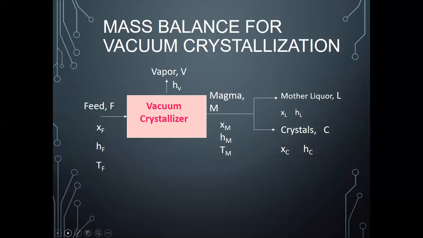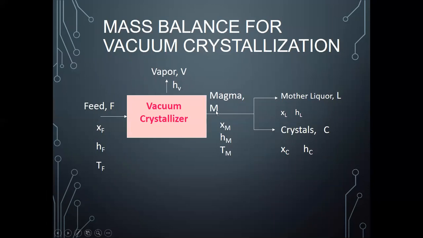Okay, we go to sample problem number 2. Now, before we go to sample problem number 2, we need first to understand the different variables representing the properties of our streams in our vacuum crystallizer. So for the feed, we have F, and for its mass fraction, we have XF, HF for its enthalpy, TF for its temperature. For the vapor, we represent it as V. Its enthalpy will be HV.